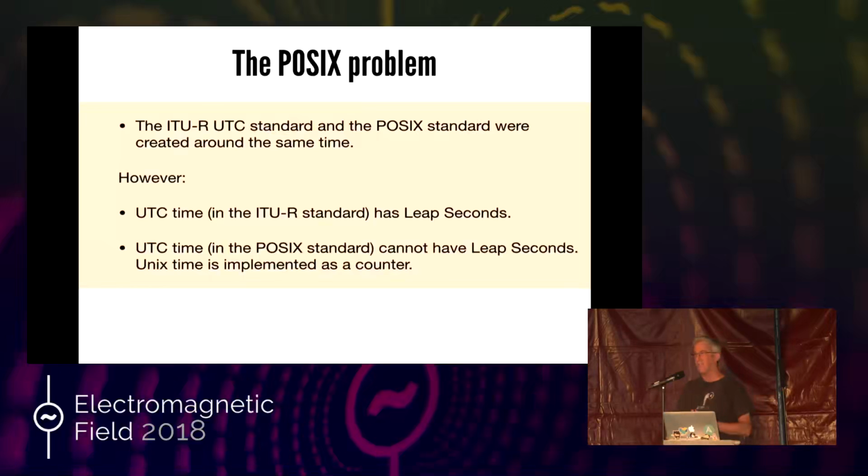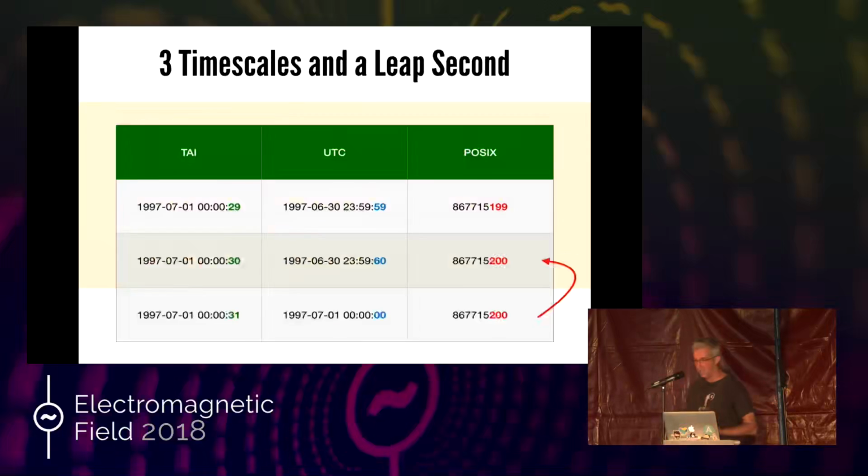POSIX and Unix talk about UTC, but they don't implement leap seconds in terms of their timekeeping. The way Unix works is it has a counter from 1970, it just counts seconds. But it has no realization of what leap seconds are. So that causes some problems.